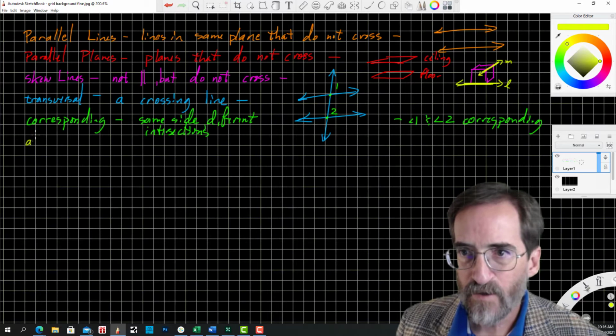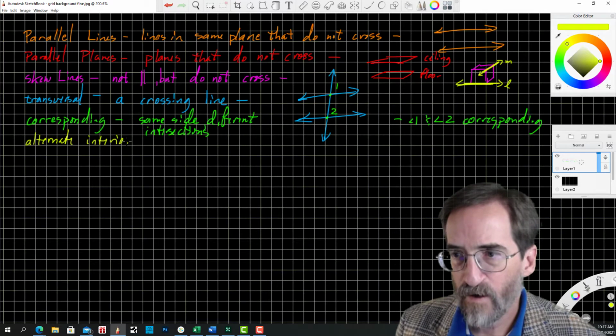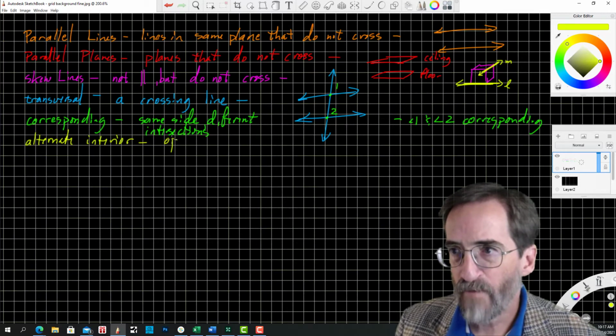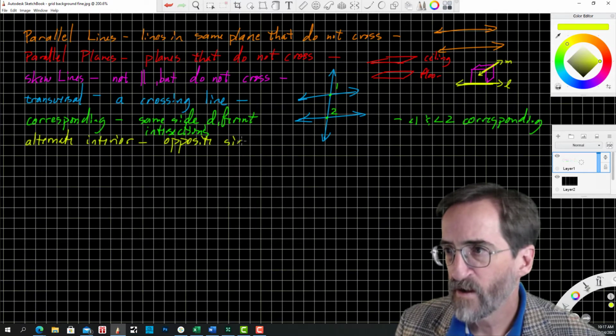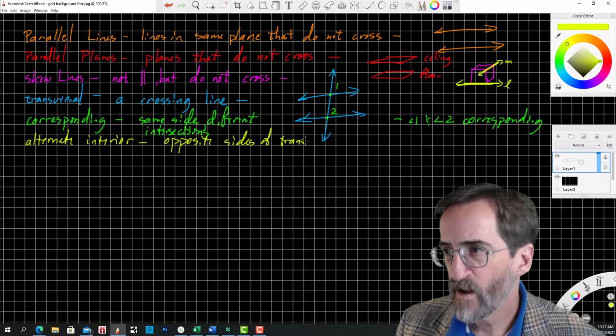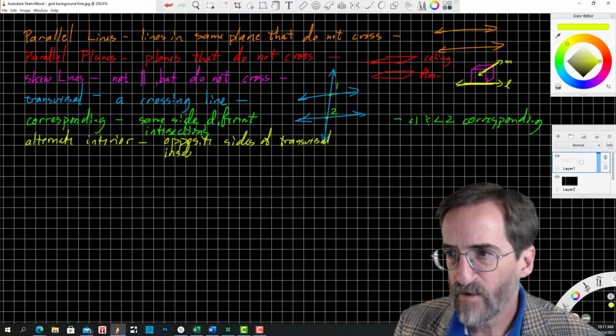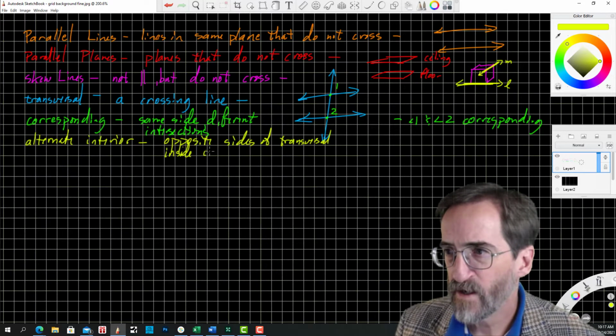Alternate interior. Two words, alternate and interior. So they're on opposite sides of the transversal. Okay, and inside the crossed lines.